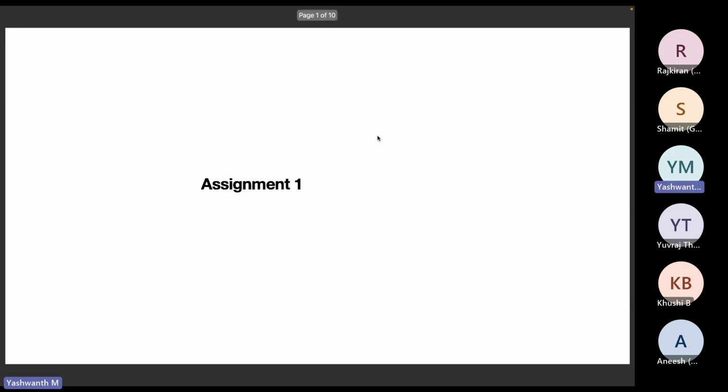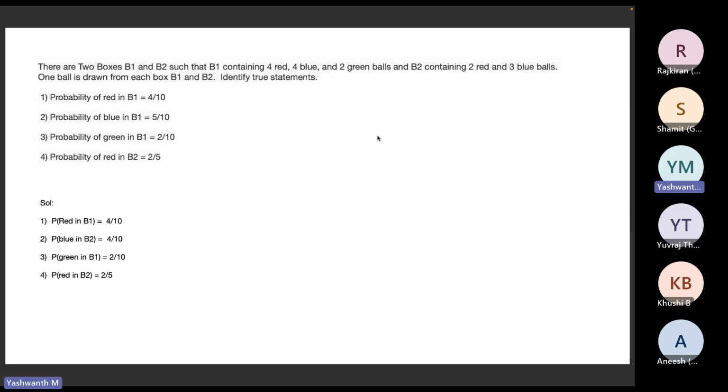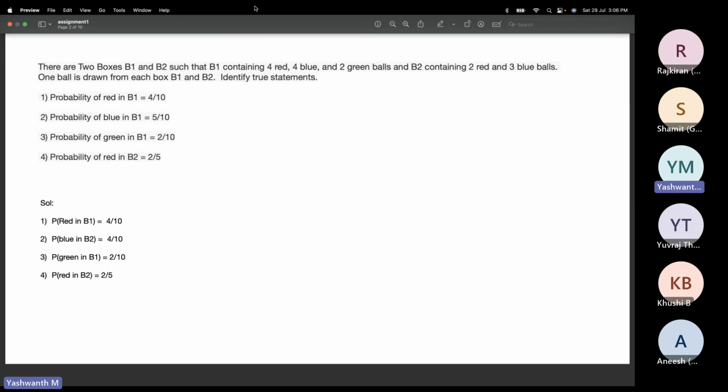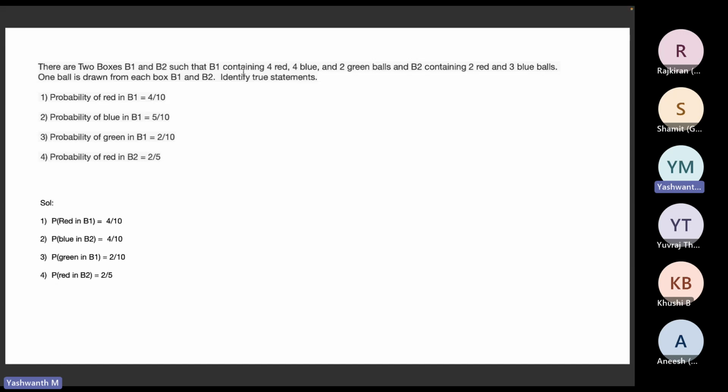Okay, so I'll right away start with the assignment problems. I think they're easy to hard, I would say. So this one should be easy. There are two boxes B1 and B2. Box one, B1, contains four red, four blue balls and two green balls.